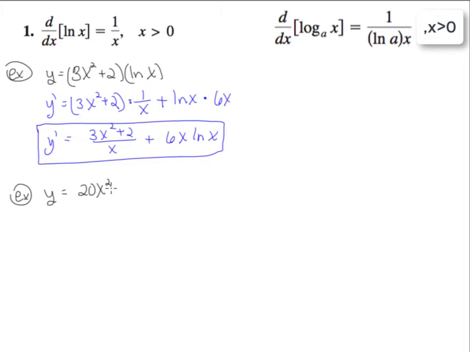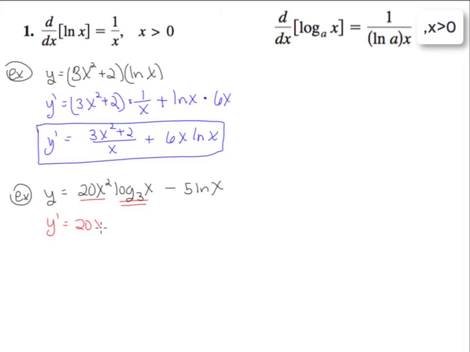Let's try another logarithm example. This time I'm going to let y equal 20x squared times log base 3 of x minus 5 times the natural log of x. This time I have to do the product rule twice.